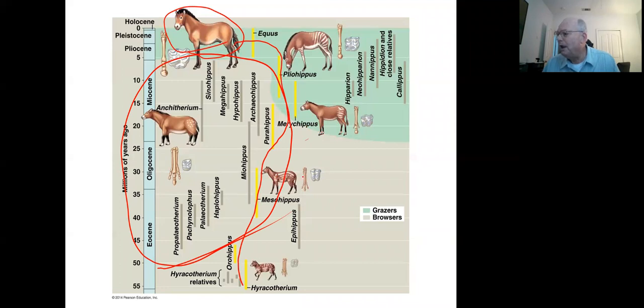And as runners, they started to evolve a single-toed leg, because that's more efficient as a runner on a grassy plain. And so you see the evolution of a species that is losing the multi-toed foot in favor of a single-toed foot, but also developing longer legs, advantages on a grassy plain. And they're transitioning not only to being a runner, but also a grazer.